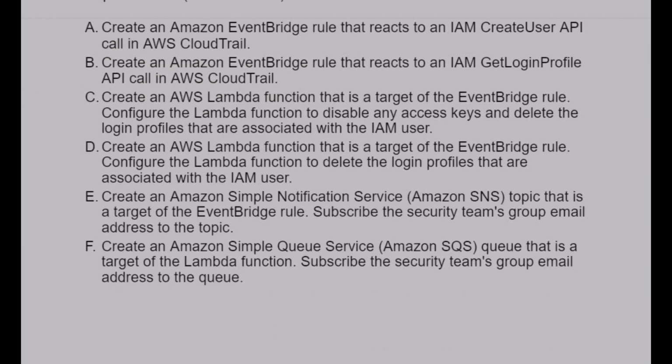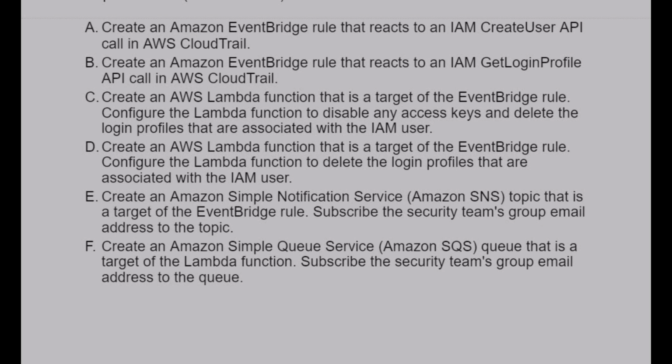Option A. Create an Amazon EventBridge rule that reacts to an IAM create user API call in AWS CloudTrail. Option B. Create an Amazon EventBridge rule that reacts to an IAM get login profile API call in AWS CloudTrail. Option C. Create an AWS Lambda function that is a target of the EventBridge rule.